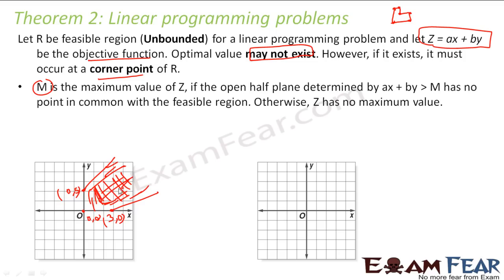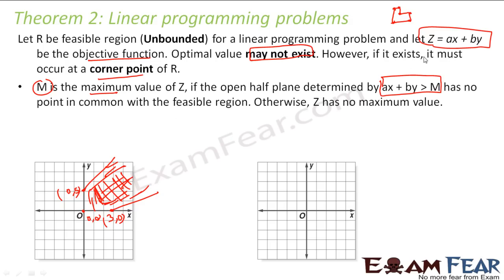Correct? So what I do is I take all the corner points, and let's suppose I'm looking for the maximum value. In that case, the maximum value which I get, I say that I find this equation. If this equation does not have any common point with the feasible region, then my m is the maximum value.